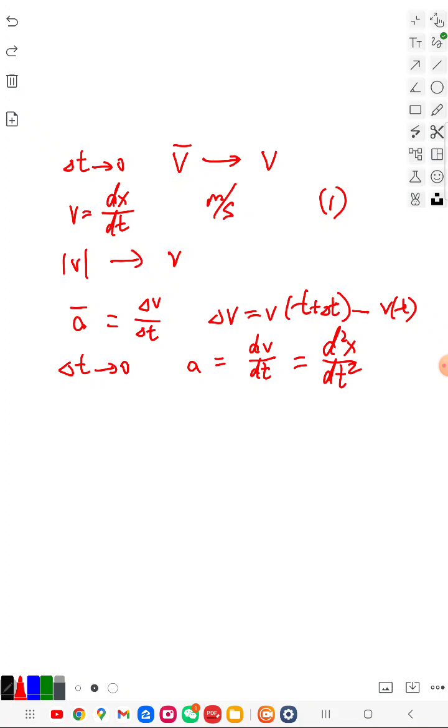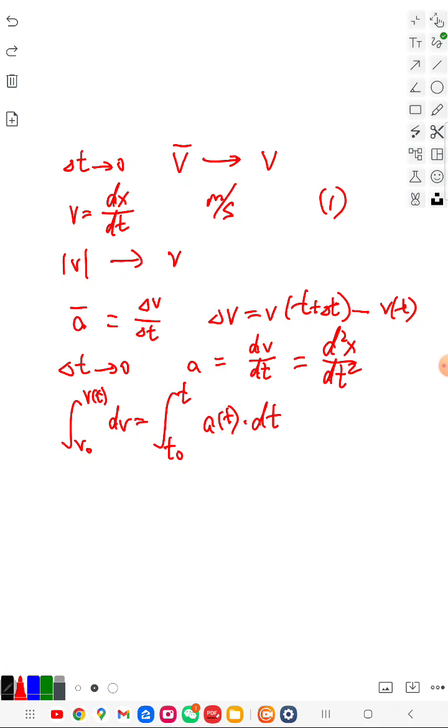We know the derivative of the position is velocity. The derivative of velocity is acceleration. Thus, we can do the inverse, such as the integral of velocity will give us the position. The integral of the acceleration will give us the velocity. Like we can write the integral from v0 to v(t) of dv equals the integral from t0 to t of a dt.